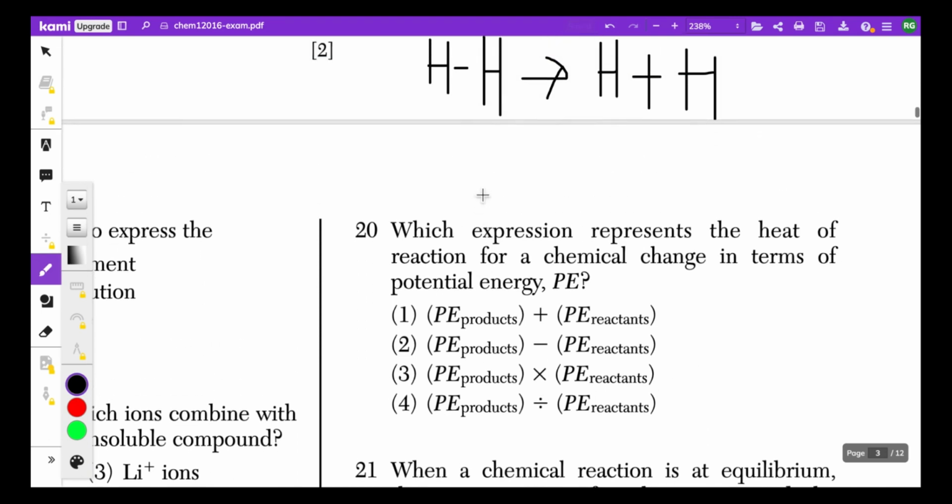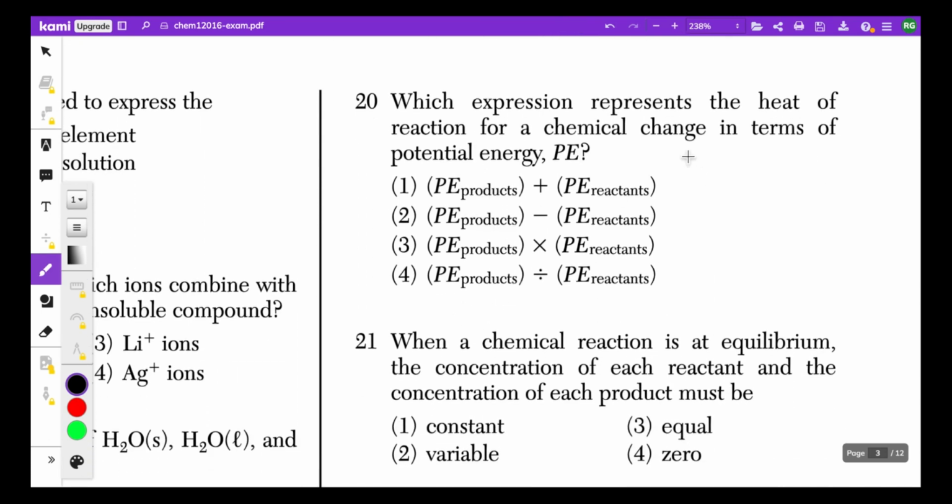So imagine if we have a potential energy diagram. On the x-axis, you have reaction progress. And on the y-axis, you're going to have potential energy. So during a chemical reaction, you can actually measure the potential energy of your reactants and your products.